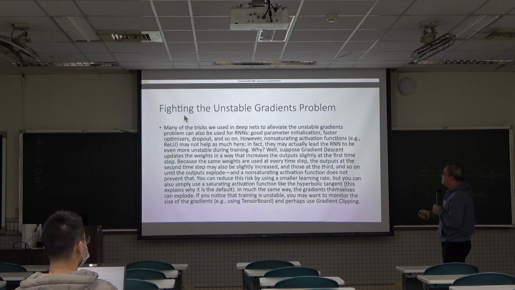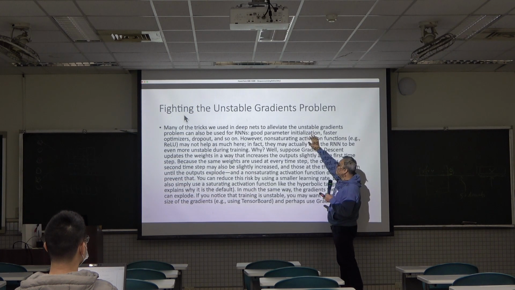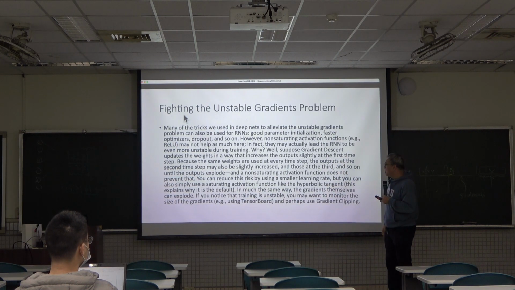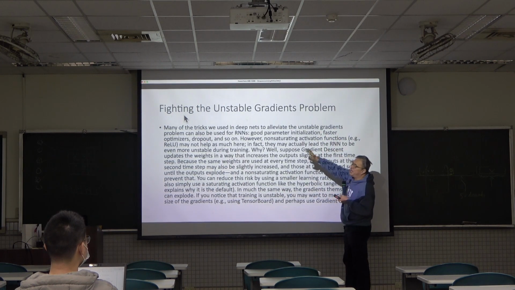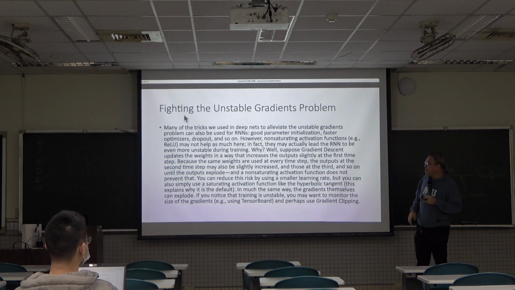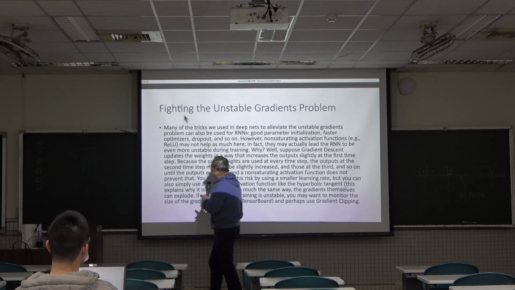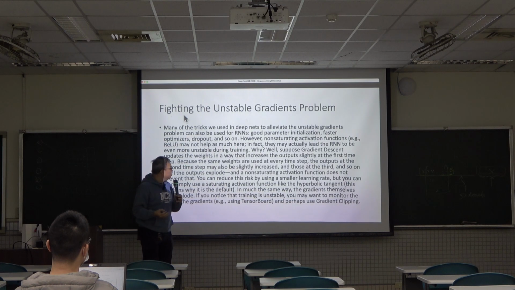For example, good parameter initialization, remember the He initialization or Glorot initialization, or faster optimizers. We talked about Adam, Nadam, all those optimizers, or dropout. These actually still help. They are still useful.